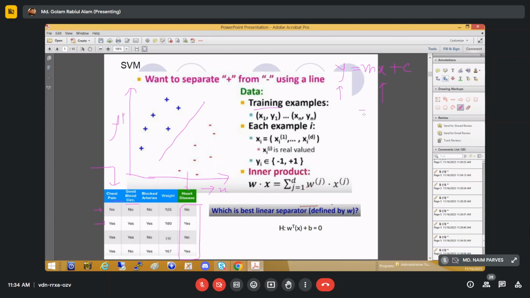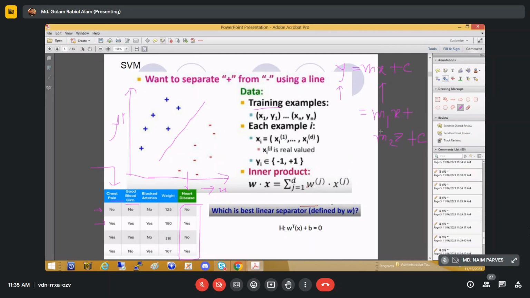But if we have more axes, like not only x, and we want to predict y based on x and g, then we have m1 times x plus m2 times g. That means based on x and g, we want to predict y.